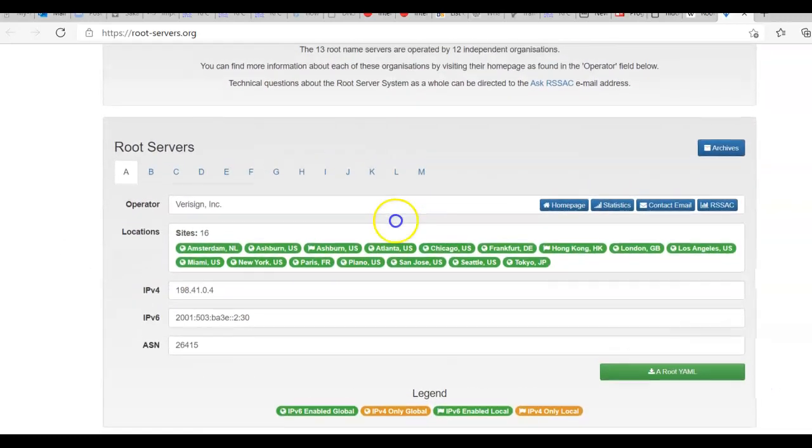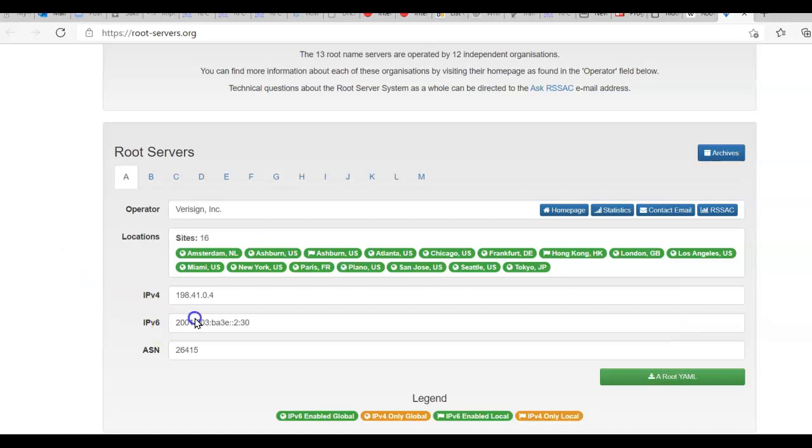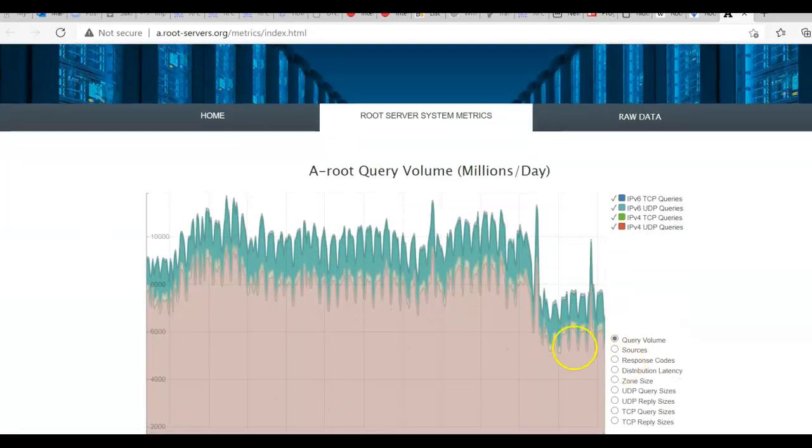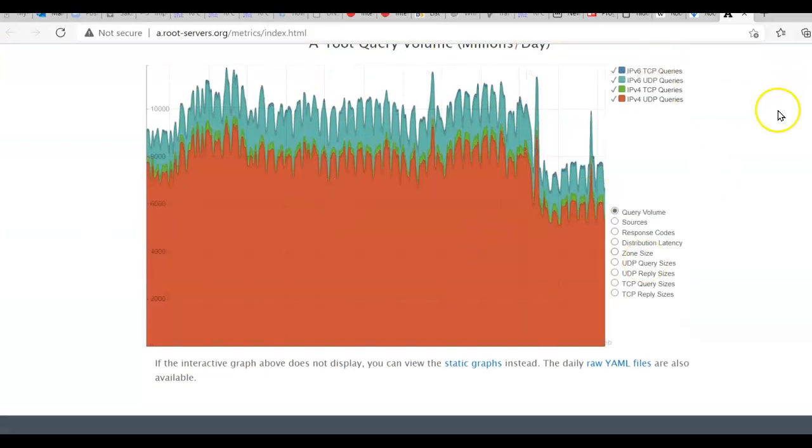Here they are. This is what I wanted. A has sites in Atlanta, Chicago, New York, Paris, San Jose, Seattle. And if you were to click on, I think I did this, if you click on New York, it doesn't work. Oh, statistics. I always like to look at the statistics of these sites. You can see how many queries they're getting.